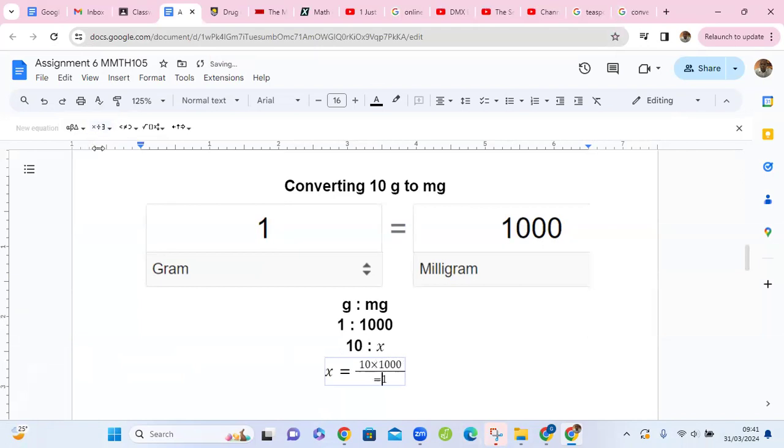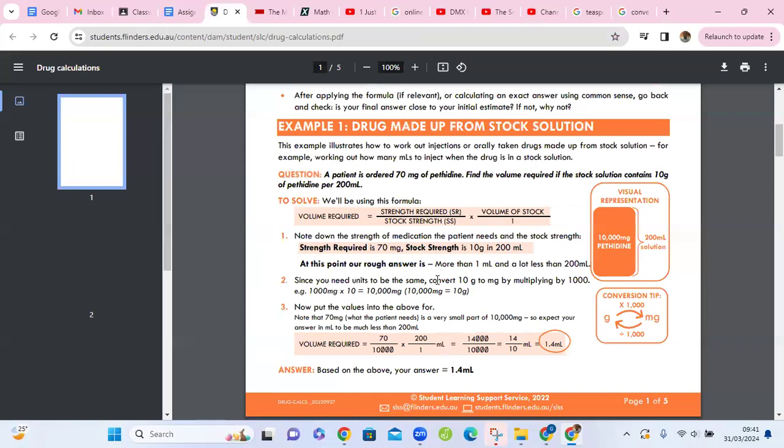So basically, 10 grams is 10,000 milligrams, and that's where this calculation came from. 1,000 times 10 is 10,000.